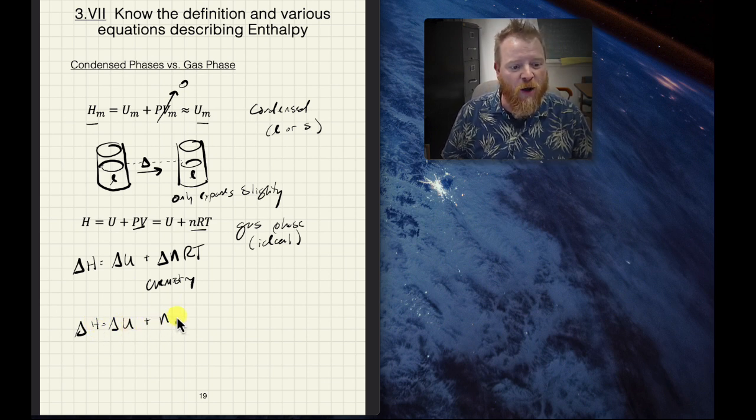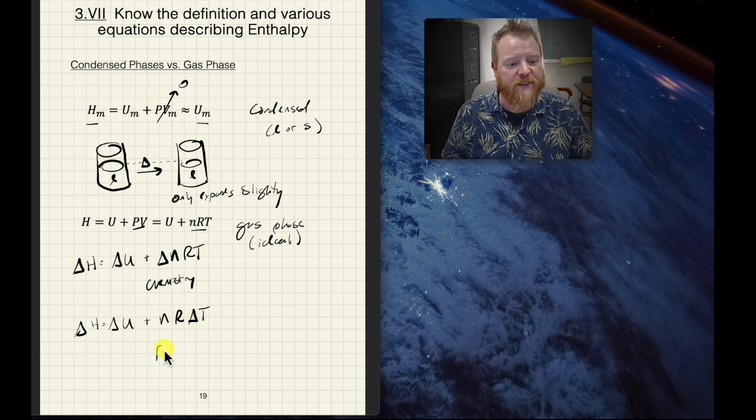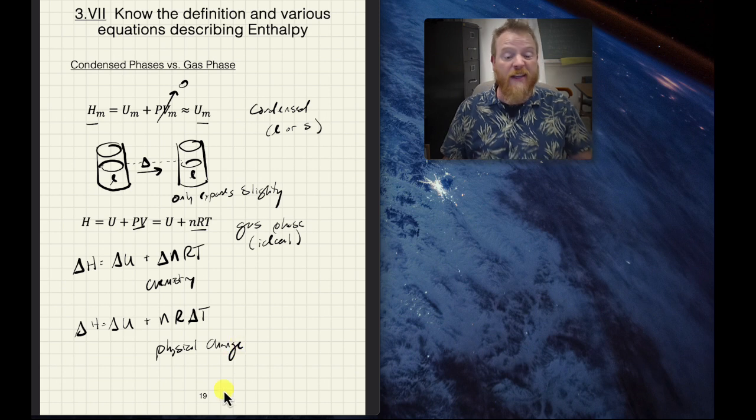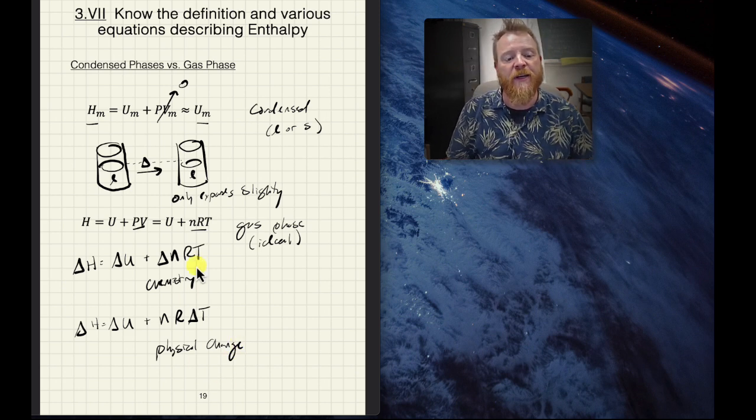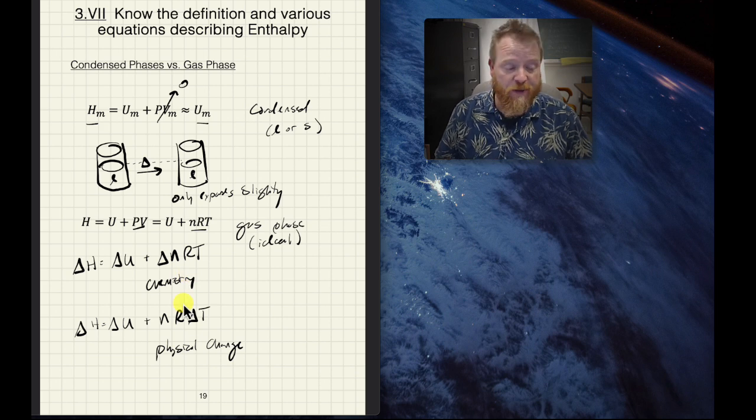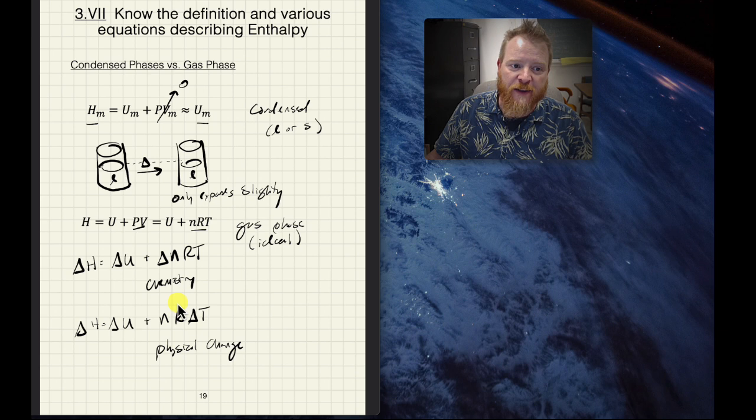That's going to go in our delta T. So that would be a physical change, like heating something up into a new phase or something like that, okay? So these will be very different for gases, whereas for a liquid and a solid, the enthalpy and the internal energy are very closely related.